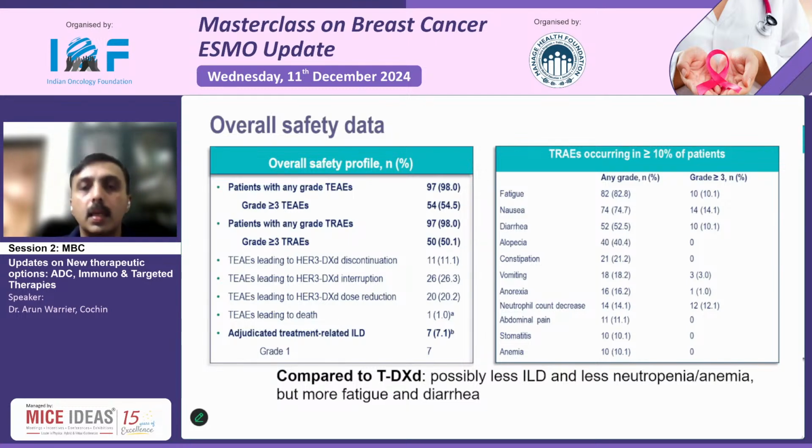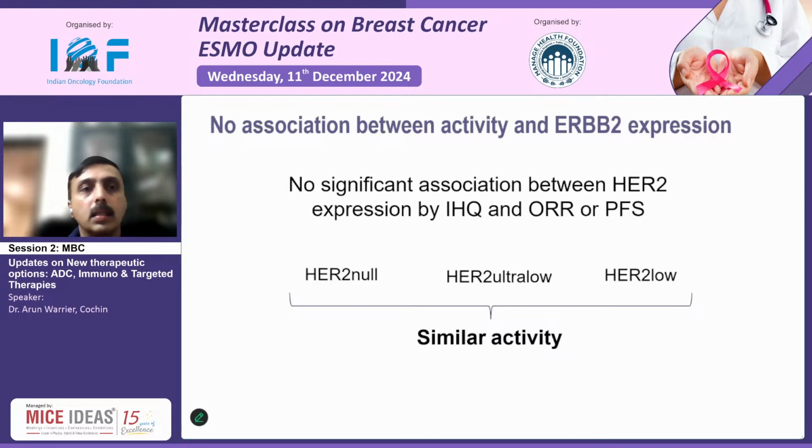So this can really have an impact on quality of life. Like all ADCs, grade 3 treatment-emergent adverse events are around 54%, and around 10% led to treatment discontinuation. So we should really focus on the adverse events with this ADC.